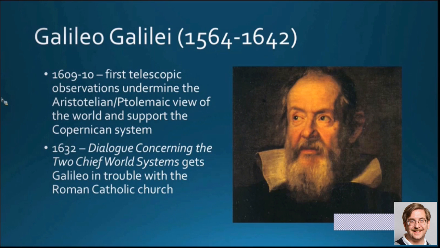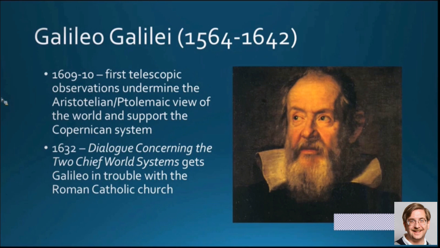Galileo became an outspoken advocate for the Copernican view. In 1632, he wrote a book called Dialogue Concerning the Two Chief World Systems. This gets him in some trouble with the Roman Catholic Church. It's not so much that he says something that runs against core Catholic doctrine, but he takes it upon himself to say that the Copernican view seems plausible in various ways, and because of the Protestant Reformation, the Catholic Church had declared that the Church alone, with its magisterium, its teaching ministry, was capable of interpreting Scripture.